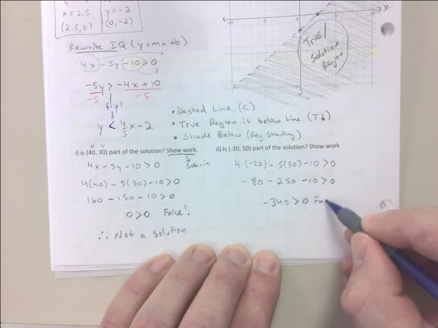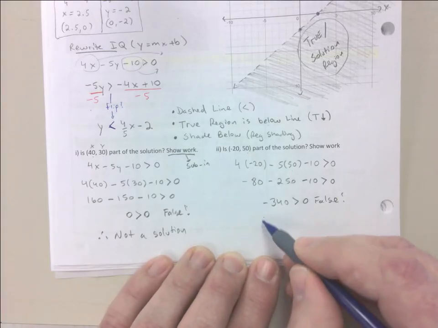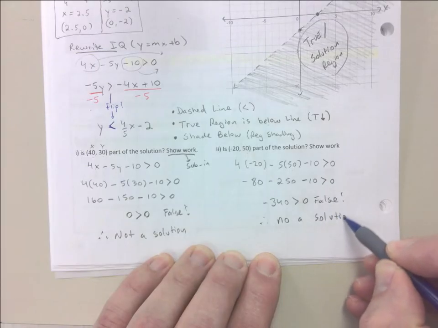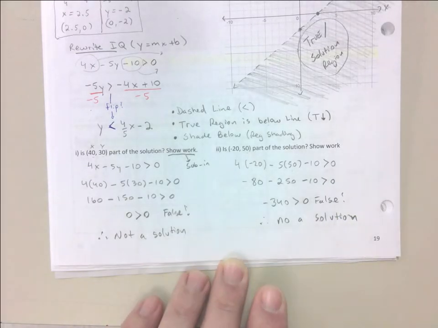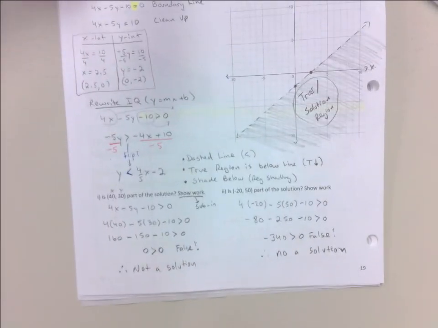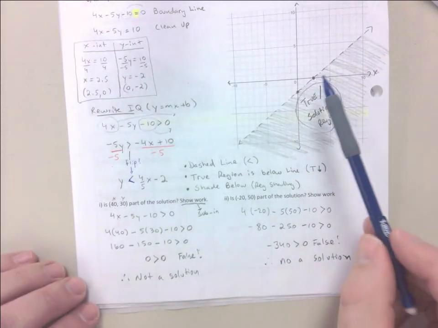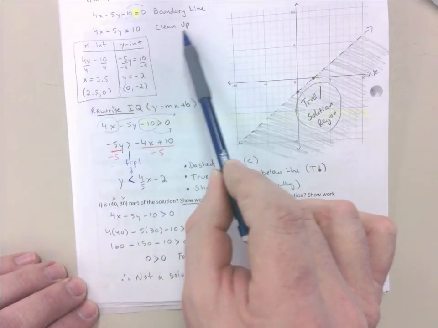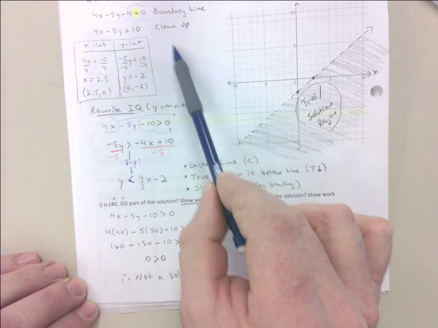This one is not a solution. And let's see, negative 20. I think we could have probably looked at our graph and already determined that, right? Negative 20, 50, you're going to be way over here somewhere. You're definitely in the false region, right?